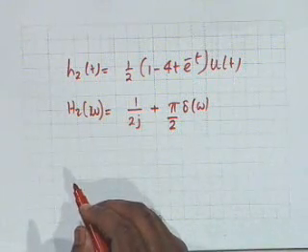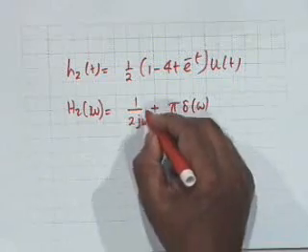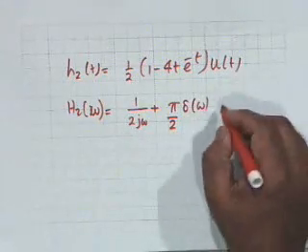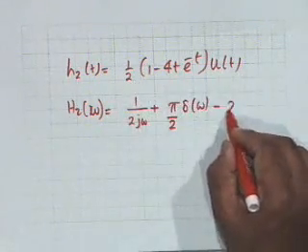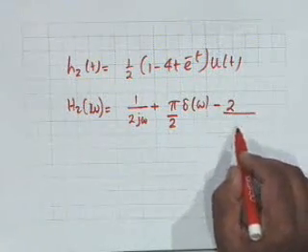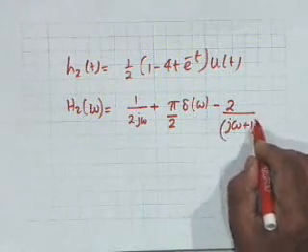Is that correct? 1 over 2j omega, that is correct. Is this okay? Pi by 2 delta omega, alright. Then minus 4 by 2 is 2, and t e to the minus t, that means j omega plus 1 whole squared.